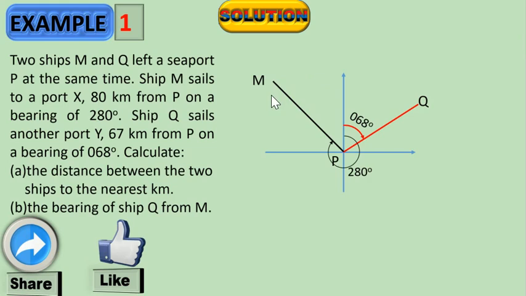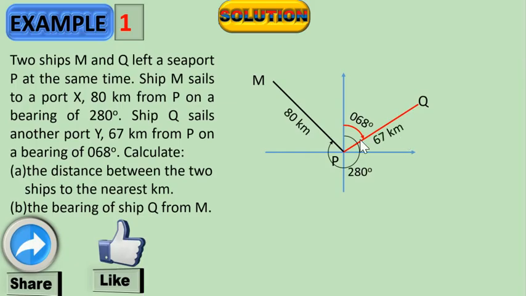Now at the point where they stopped, M and Q are separated by a distance we are asked to find. Now the question is, how do we get that? So we represent the distances given.